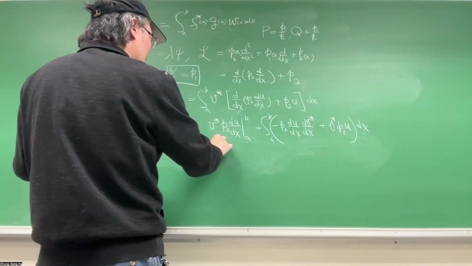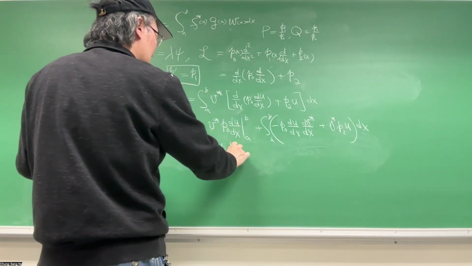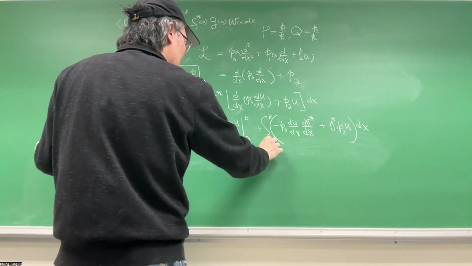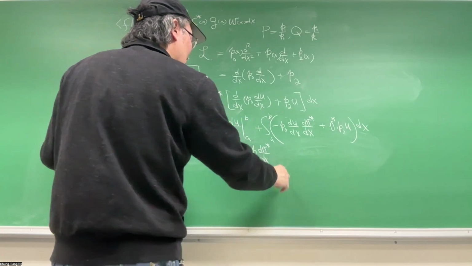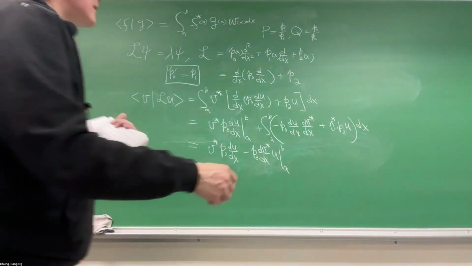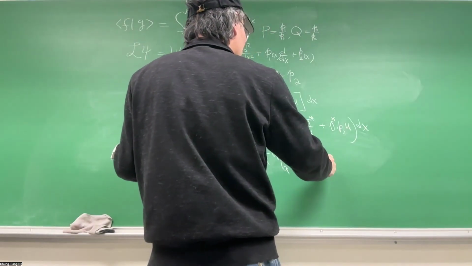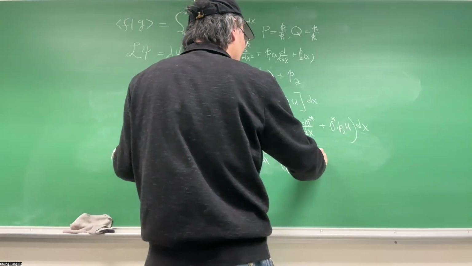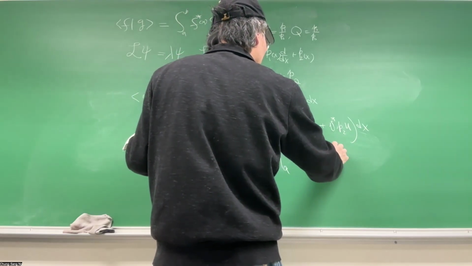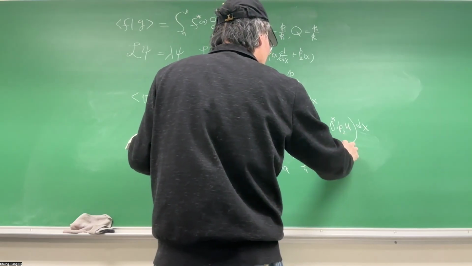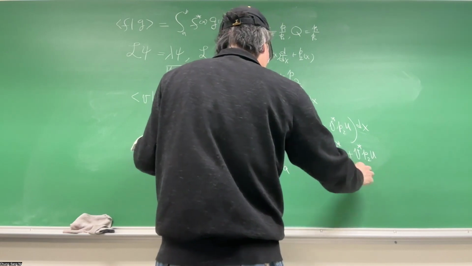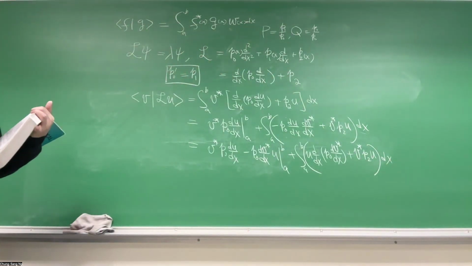That will give you, first you keep this term, and then for this one you get minus p sub 0 dv*/dx times u, evaluated from a to b, and plus the integration by parts of that will give you u times d/dx of p sub 0 dv*/dx, plus p sub 2 u. Do you see that?